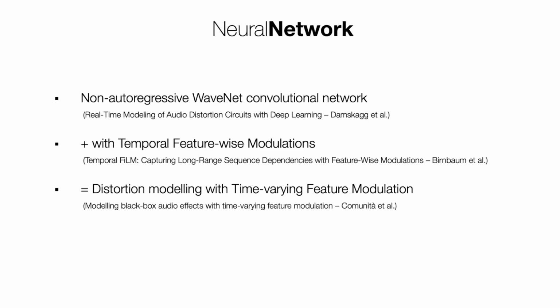But to capture the long time range dynamic behavior induced by the sidechain of my design, I used so-called temporal feature-wise modulation layers. Temporal FiLM is implemented using single LSTM layers whose output is used to modulate the activations of each convolution layer. The final result is a black box distortion modeling network that is able to capture the complex time-dependent behavior of my circuit design.